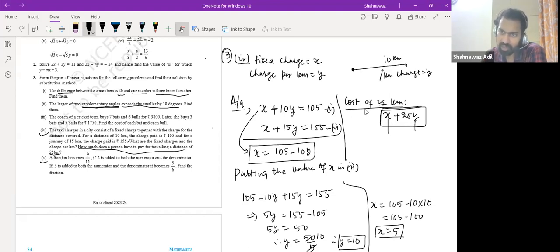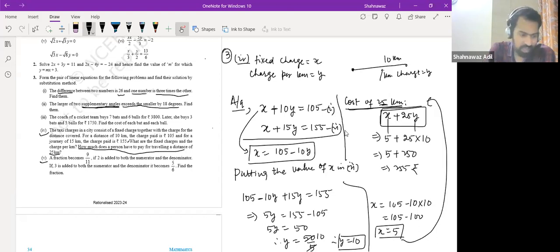Now let us calculate the cost of 25 kilometers. So 5 plus 25 into 10, which is 5 plus 250, which is 255. So this is the cost for 25 kilometers. Is that clear? Yes. So please note it down.